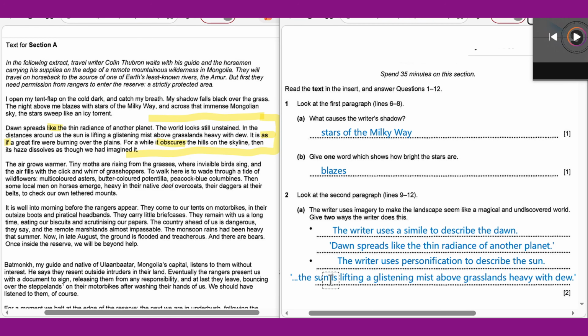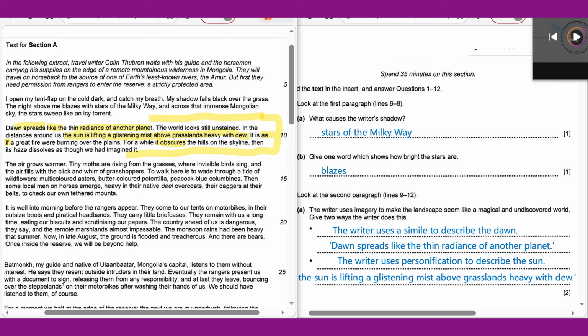Quotation: the sun is lifting a glistening mist above grasslands heavy with dew. This is the sentence. It is personification, as it shows the sun acting like a person that can lift a glistening mist above grasslands. So this one is a simile: dawn spreads like the thin radiance.